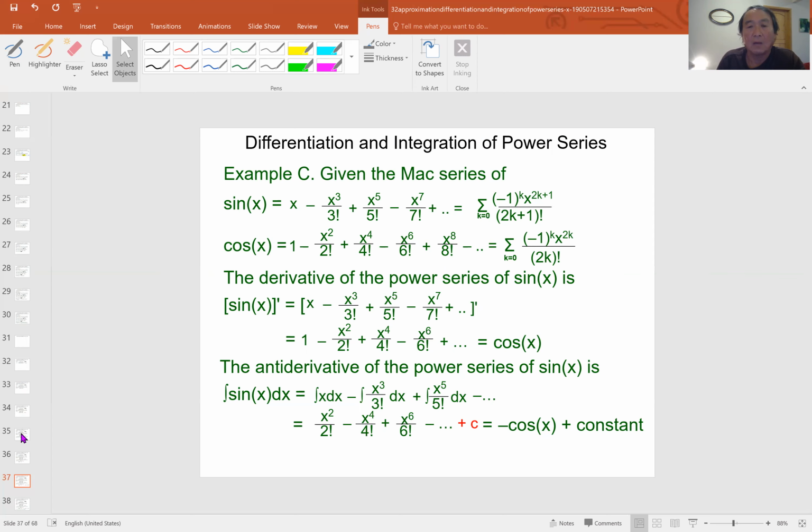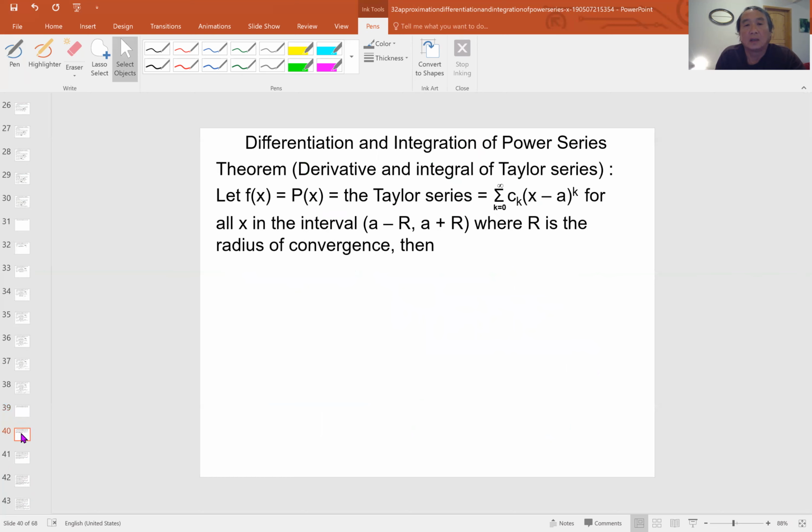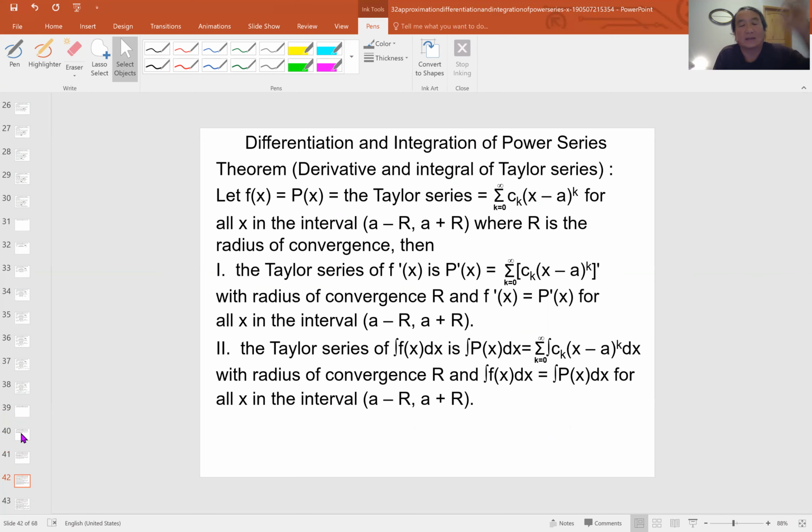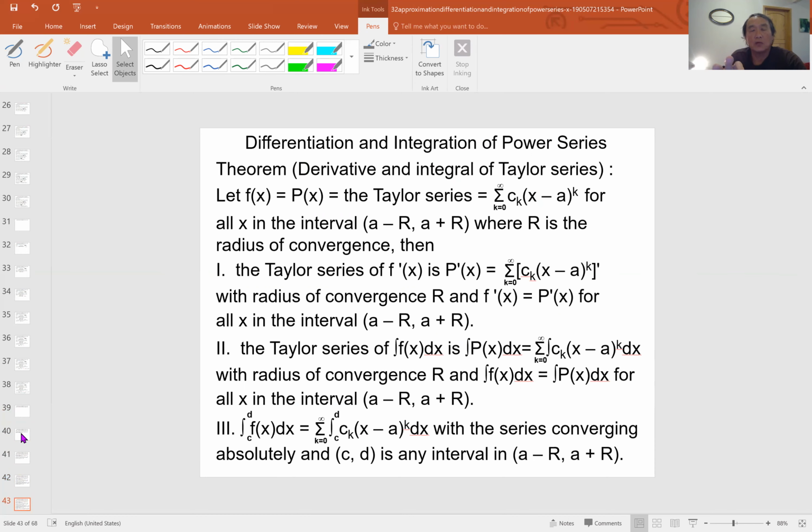Now, the more interesting one is the integral. Why? Because for integrations, there are a lot of functions whose integrals are not elementary. So we don't know what the integral of, for instance, sine x over x is, and stuff like that. Here's the basic theorem we're going to use to talk about how to approximate functions that are not elementary.